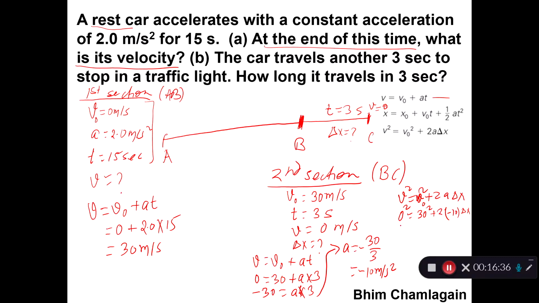So 0 is equal to 30 squared, which is 900, minus 10 times 2, which is 20 delta x. Then delta x is equal to 900 divided by 20, which is 45 meter.